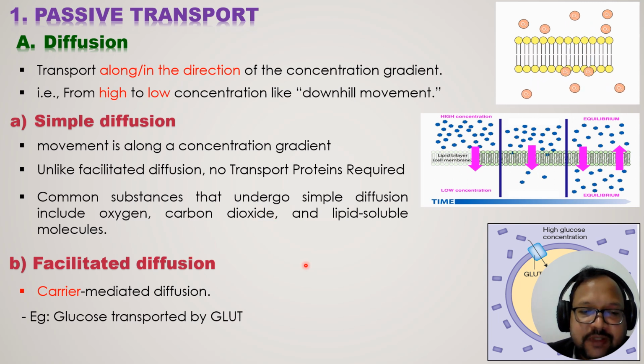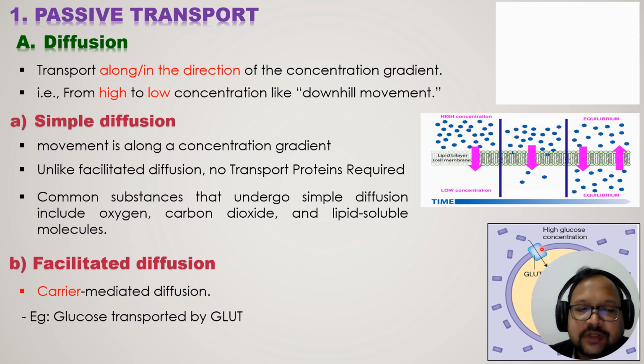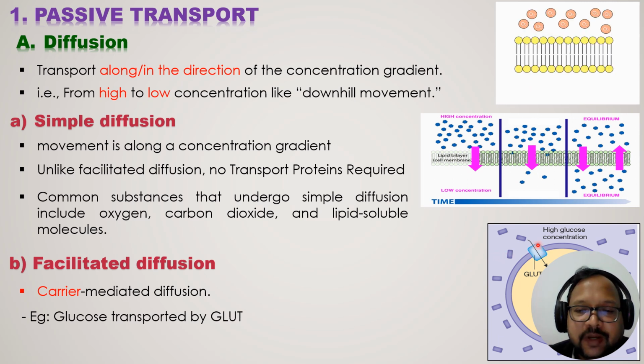Now come to facilitated diffusion. In facilitated diffusion, the substance also moves from higher concentration to lower concentration, but the transport is via transporters or carrier proteins. A simple example is in the small intestine. Once the food is digested, carbohydrates are formed outside the lumen.